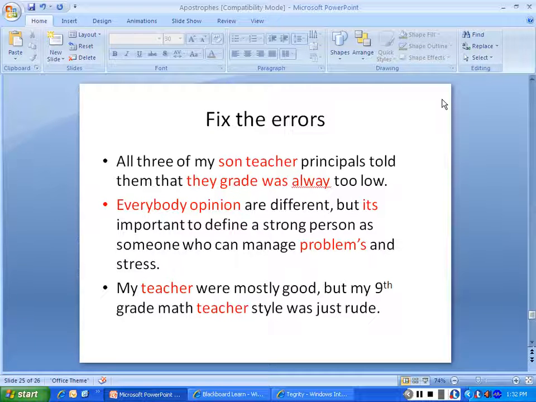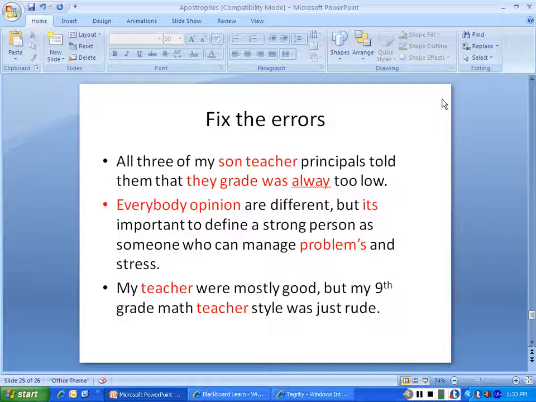Some of the things that you're looking for when you're finding errors are cues from other parts of the sentence. We know that son should probably be plural here because it says all three of them. We know that the principals belong to those teachers, so that probably needs to be possessive, and since it looks from the all three like there's more than one teacher, that probably needs to be plural possessive.